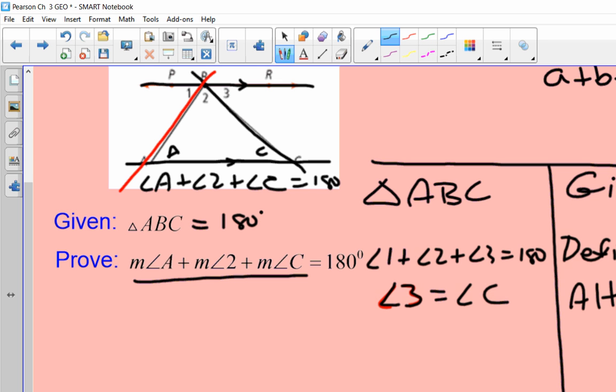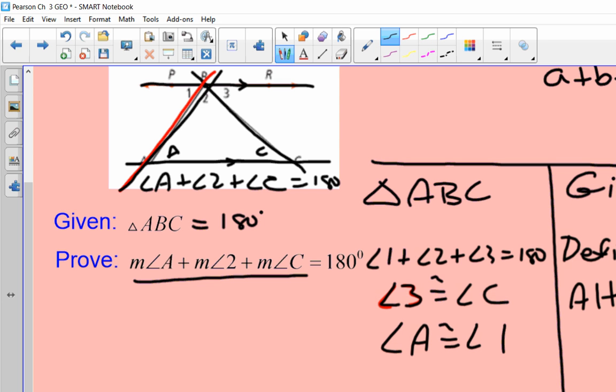All right, so do you think I can do that with the other transversal line, this guy? Well, I think I can say that angle A is congruent to angle 1, because they're on a transversal between two lines that are parallel.